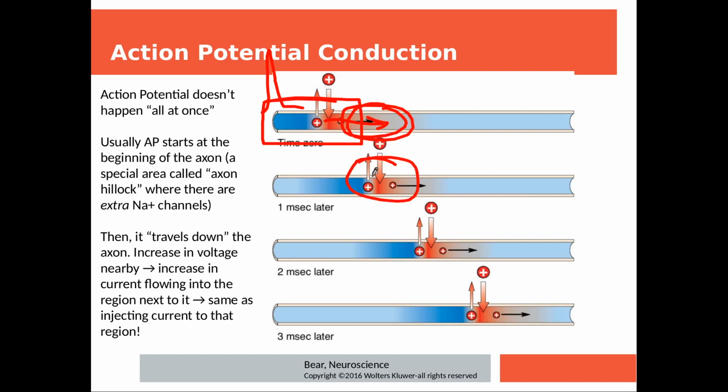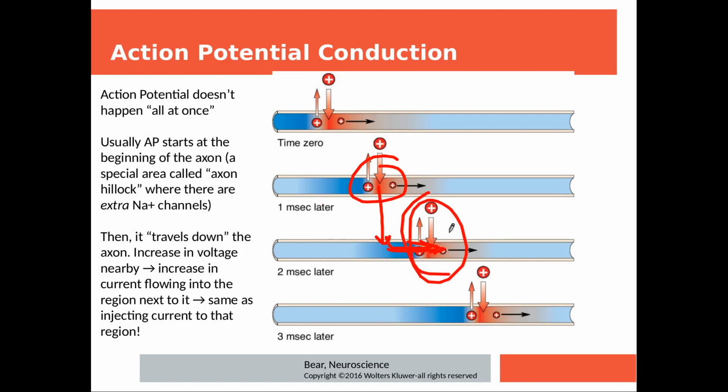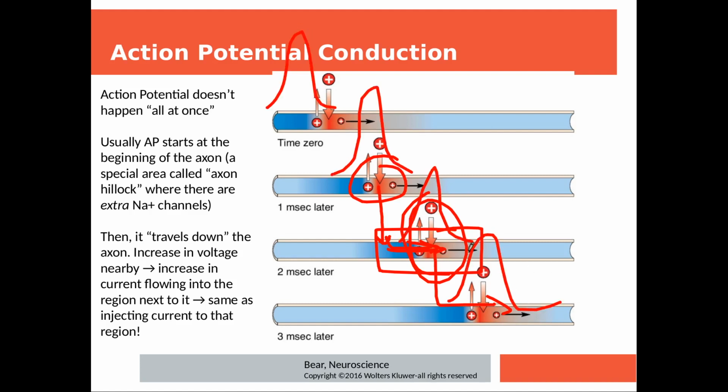And that will activate the voltage-gated sodium channels, which will cause an action potential here, which will happen a little bit later, about a millisecond. And then this part has higher voltage, and it will flow along the axon, and that will cause the next section of the axon to have an action potential. And that will keep happening. So the action potential will travel along the axon until it gets to the end.